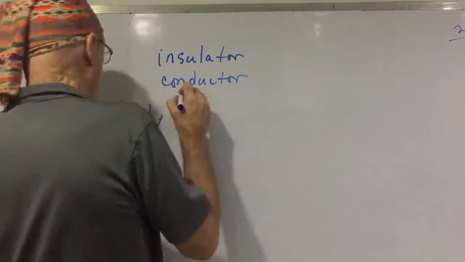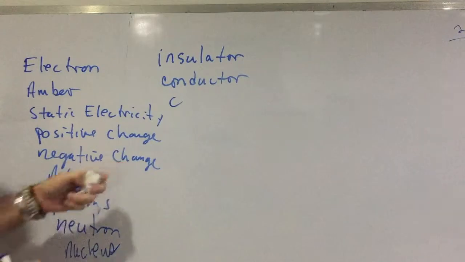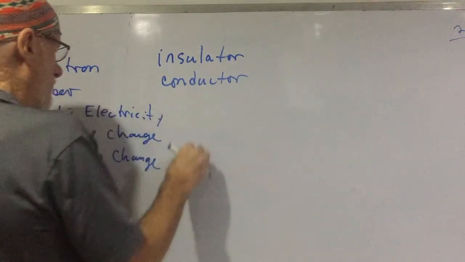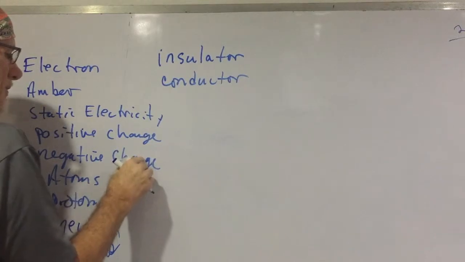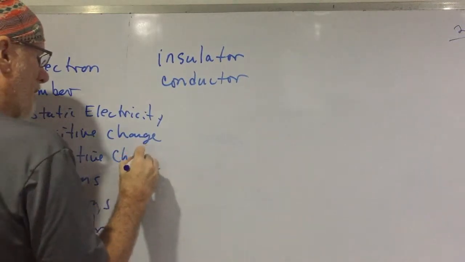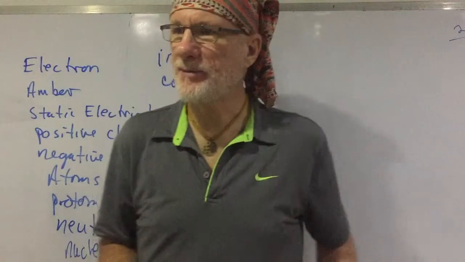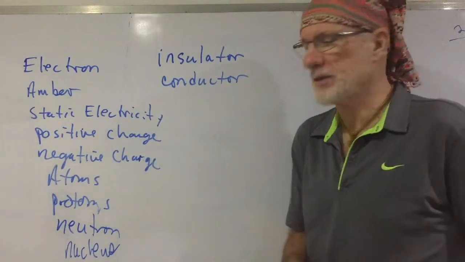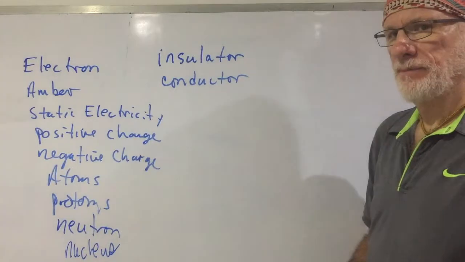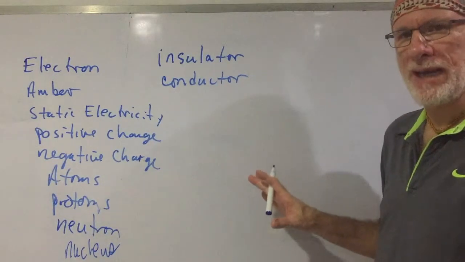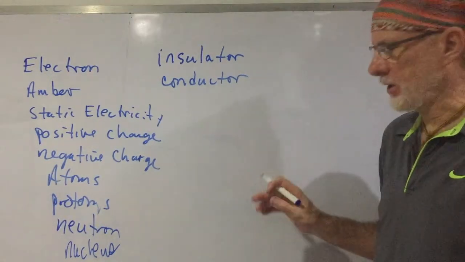Negative charge. Lightning. That word is charge, not change. You would never know it, right? The way I write on the board is terrible. Negative charge, positive charge. What else? Anything? Shall we wait? We'll add to it, right? Okay, good.